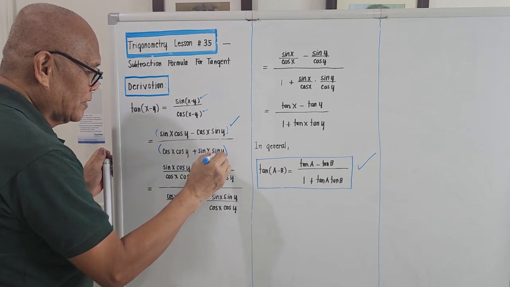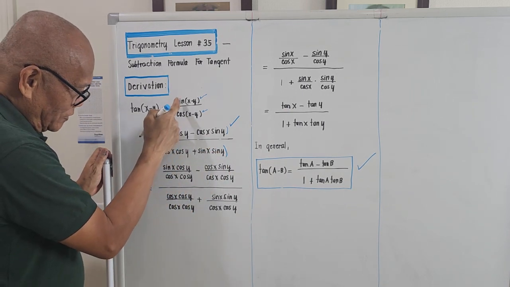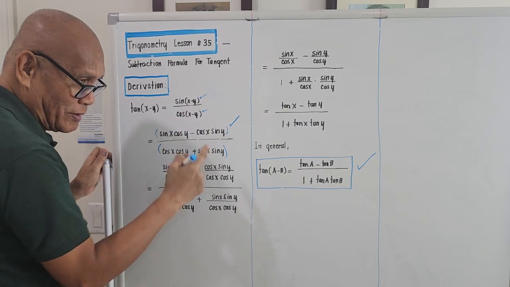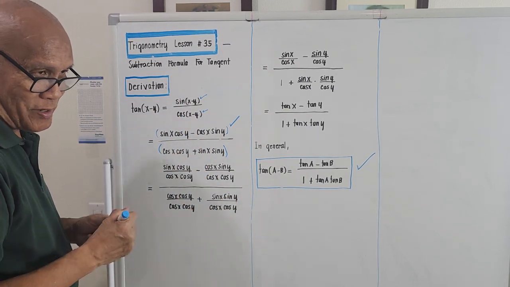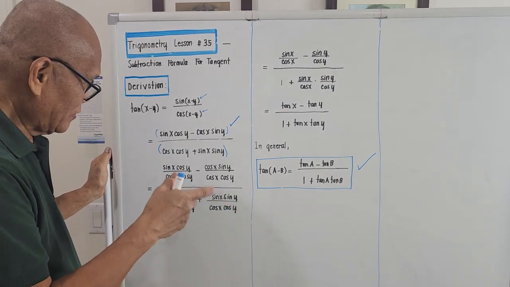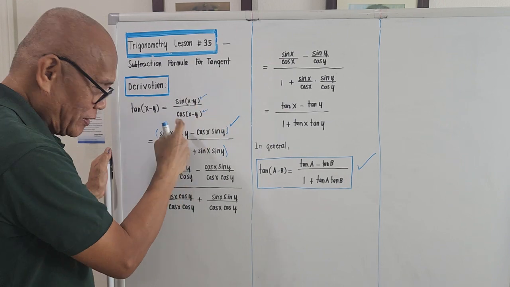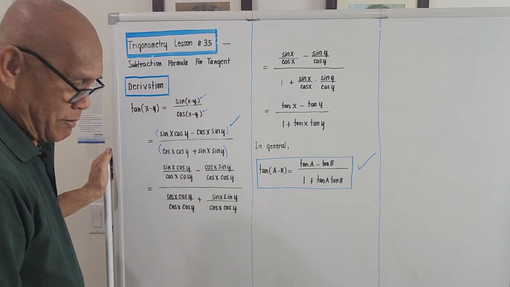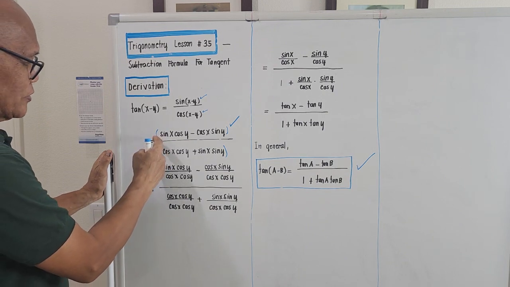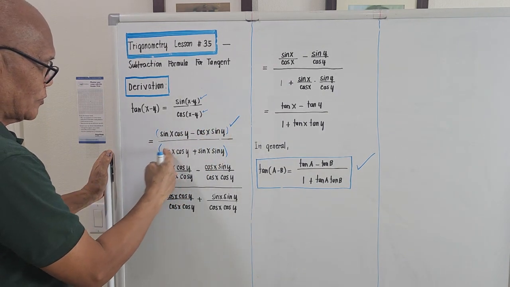Because upon taking the sine over cosine, if we do not know how to expand this one, we got a problem. That's why I presented first the equivalent of the sine of the quantity x minus y and the cosine of x minus y. So this will be the expansion of the numerator and the expansion of the denominator.